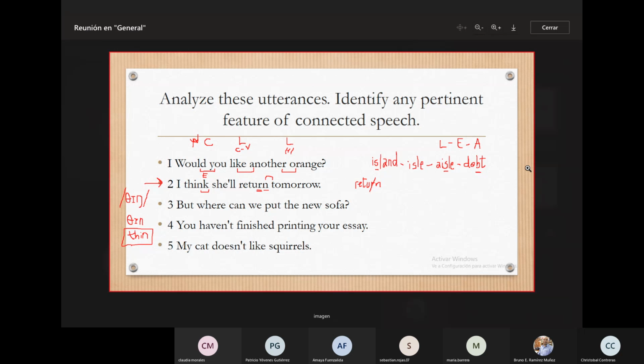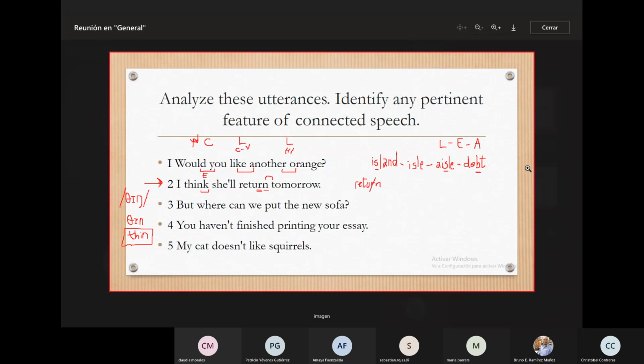The sound g is modifying the previous one, but then we don't say printing g. So there's also an elision there. When we say think, the k is affecting the previous sound, and it's not as in nine, but as the last sound in song.